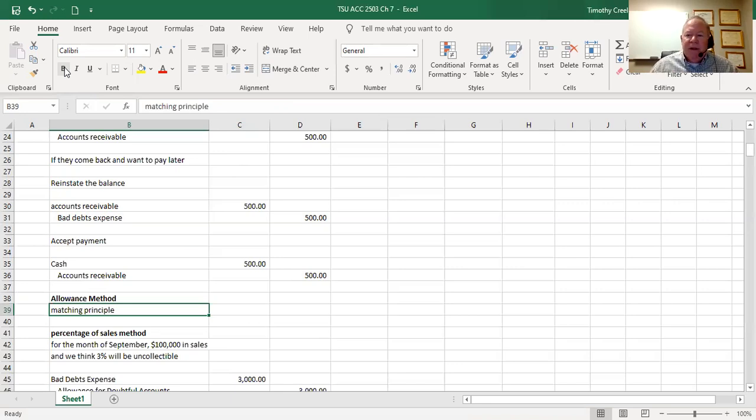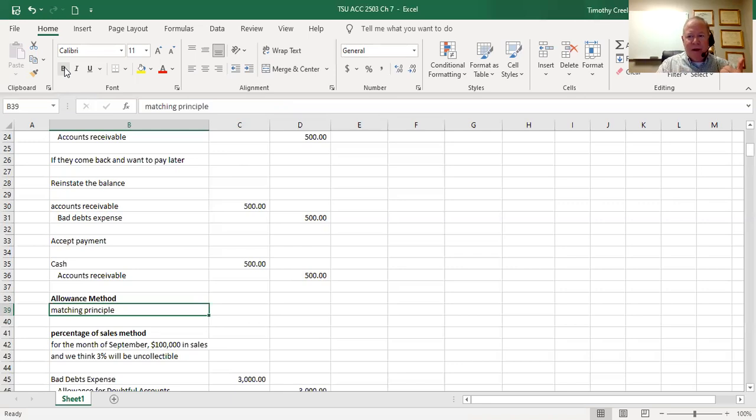And another thing is that with the allowance method, as we're going to see in a few minutes, you will show on the balance sheet the amount of accounts receivable that the company actually expects to collect. And so because of those two items, the allowance method is deemed to be a better method from an accounting perspective.